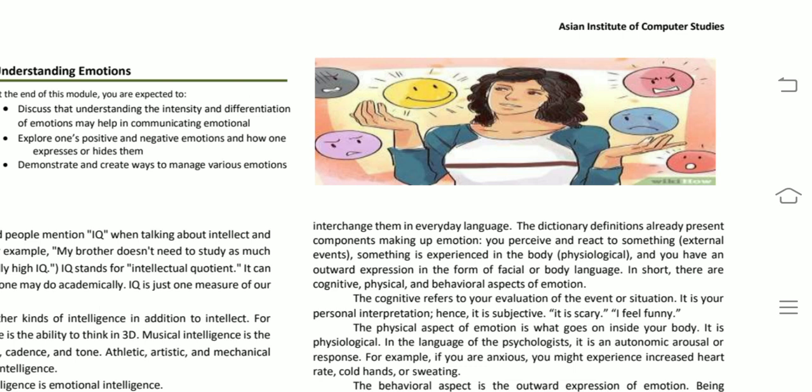Okay? So, the dictionary definitions already present the components that make up the emotion. Okay? Either you perceive and react to something, pwedeng ito yung mga pangyayari, the external events sa buhay mo. Let's say, for example, nawala yung cellphone mo, nalungkot ka kasi wala siya, di ba?